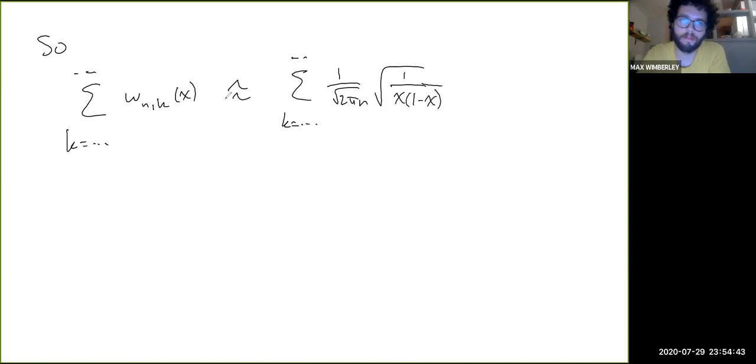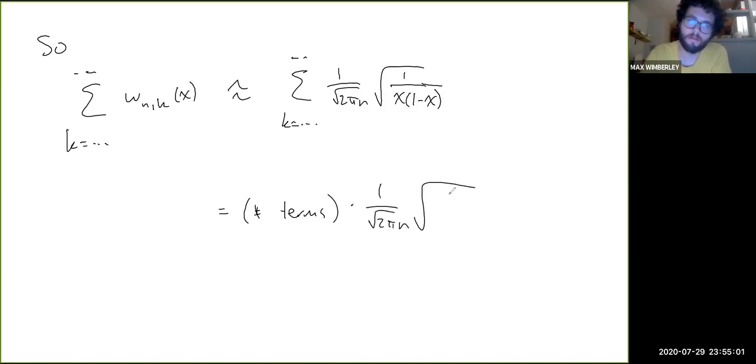But this doesn't even depend on k anymore. This is just a constant. So it's just the number of terms times 1 over square root of 2 pi n square root of 1 over x(1 minus x).